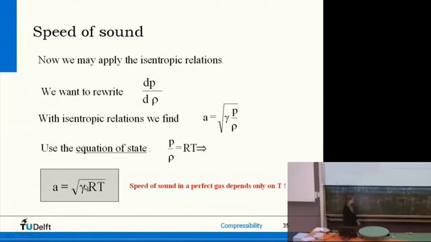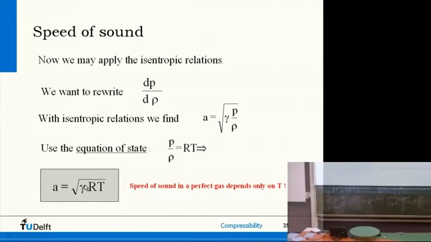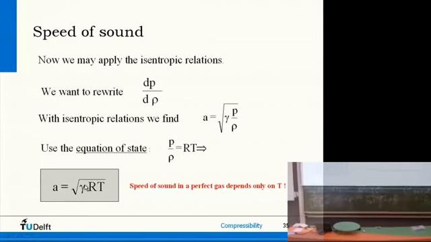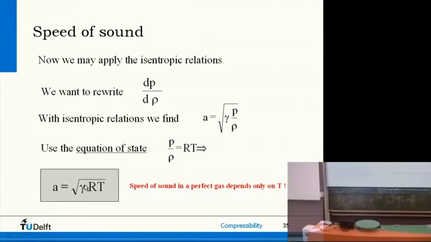And then I find that this is gamma P over rho. So the dP d rho for isentropic flow, from the isentropic flow relations, is gamma P over rho. So A squared, the speed of sound squared, is dP over d rho.